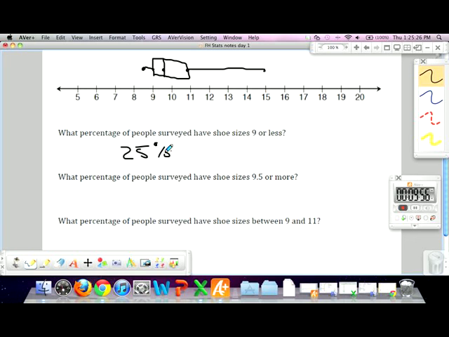How many chunks are more than 9.5? 2. So what percent? 50%. What percentage of people surveyed have shoe sizes between 9 and 11? We answered that. Between 9 and 11, there's half of them, or 50%.